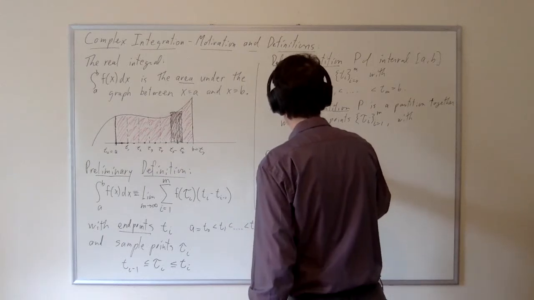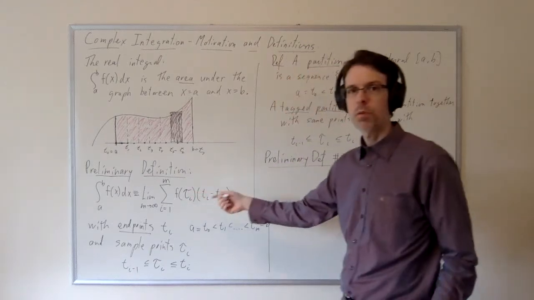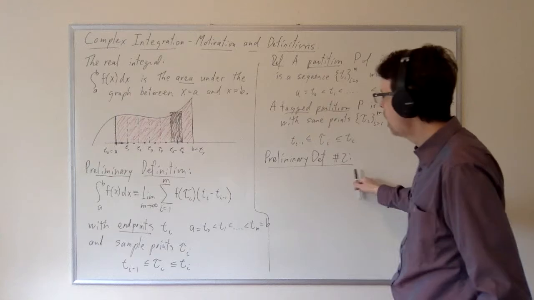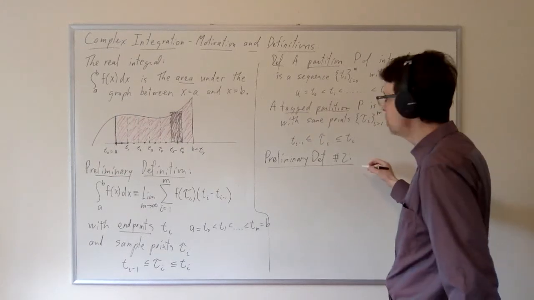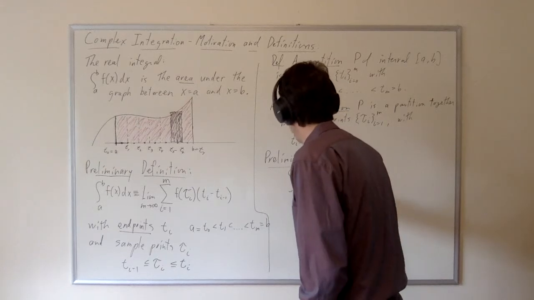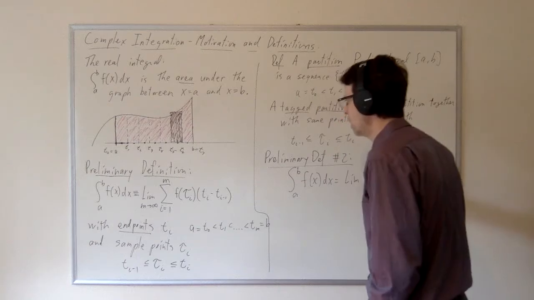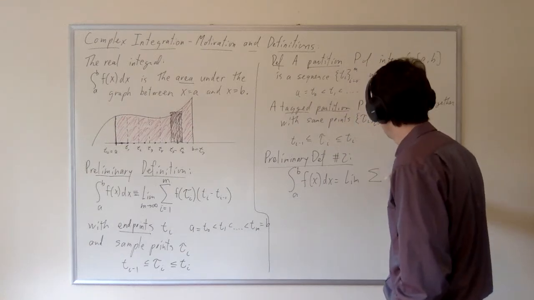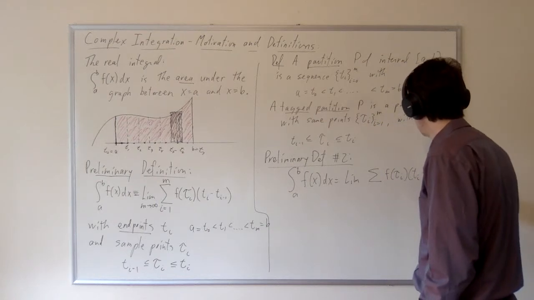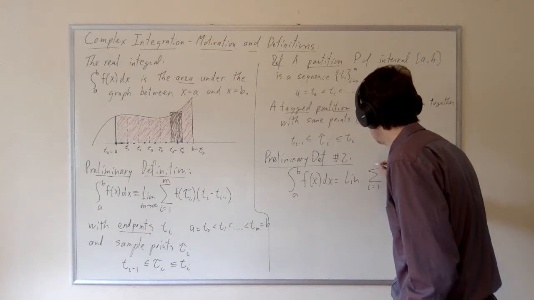So, preliminary definition 2, the second preliminary definition for real valued functions. I haven't gotten to complex valued functions, but I promise we will get there. The preliminary definition number 2 is that the integral from a to b of f of x dx is the limit of the summation of f of tau i times t i minus t i minus 1, where i goes from 1 to m.